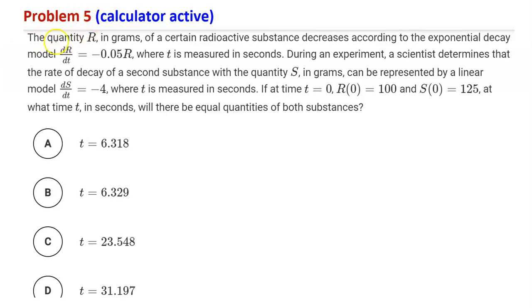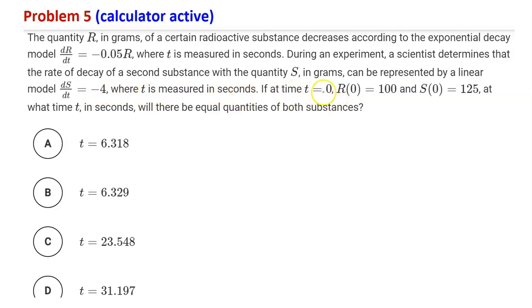Problem 5. The quantity R in grams of a certain radioactive substance decreases according to the exponential decay model dR/dt equals negative 0.05 R, where t is measured in seconds. During an experiment, a scientist determines that the rate of decay of a second substance with the quantity S in grams can be represented by a linear model dS/dt equals negative 4, where t is measured in seconds.